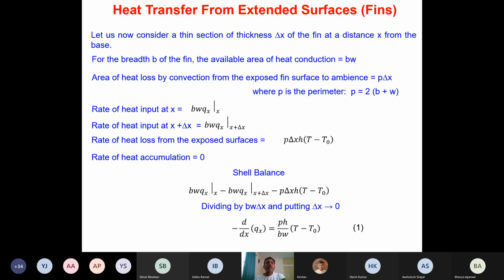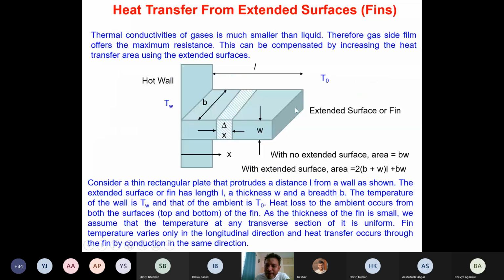Now the rate of heat input at x will be given as follows. Remember, here we have used P delta X, and we have not used this BW additionally, isn't it? Why? Because we are looking only at this shell. For this shell, the area available for convective heat transfer is this area and the one on the opposite side.